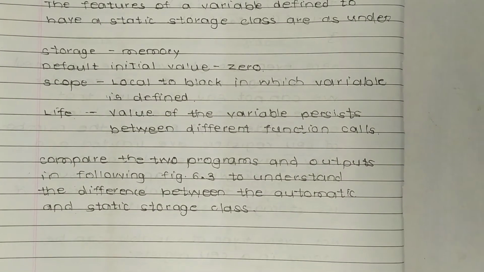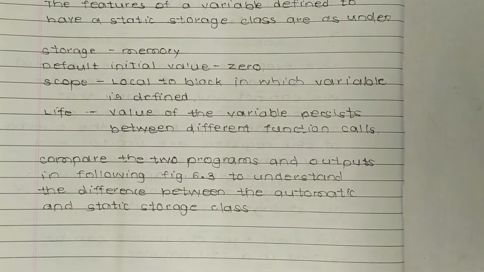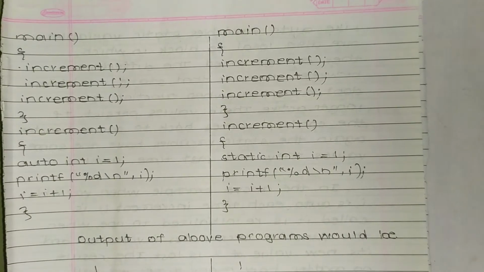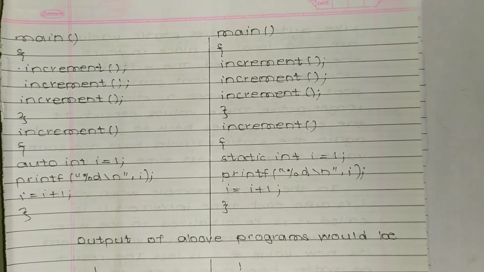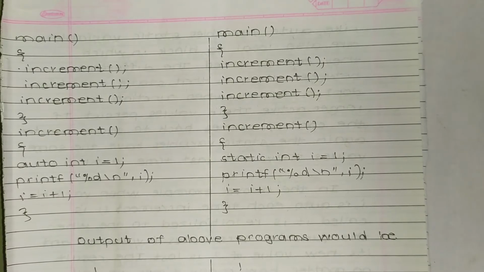Compare two programs and outputs in the following figure to understand the difference between automatic and static storage class. So these are programs which look similar but their output is different. The first program has main and increment, so these are functions.